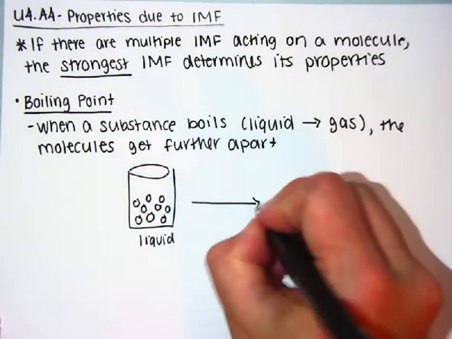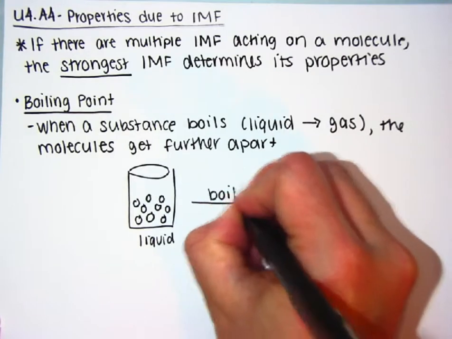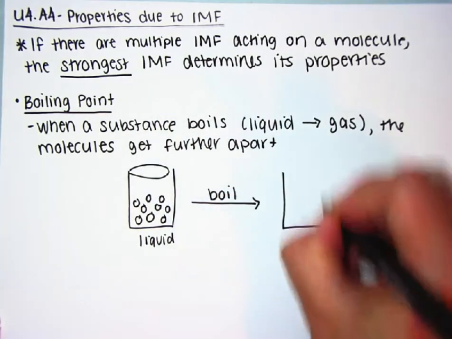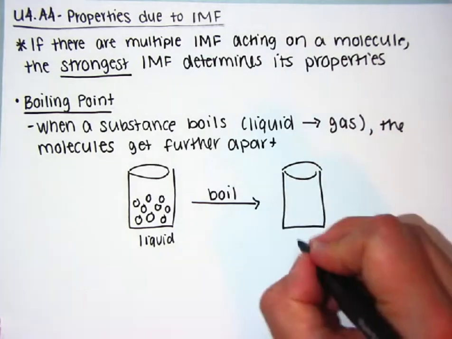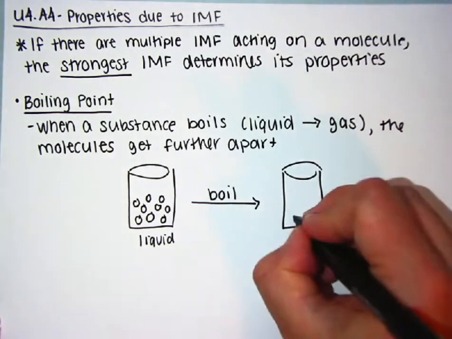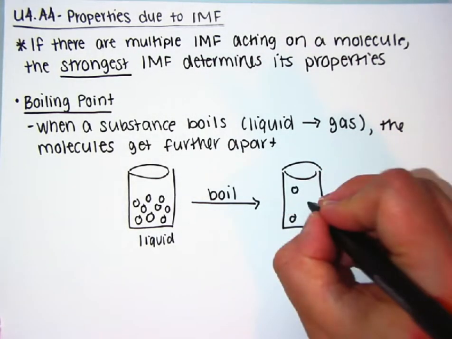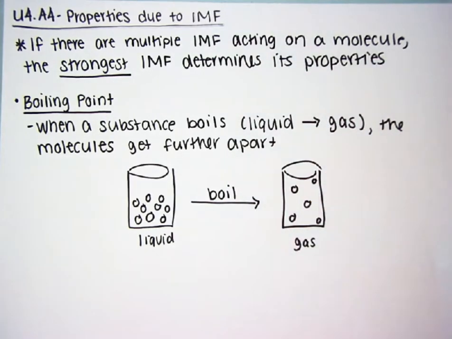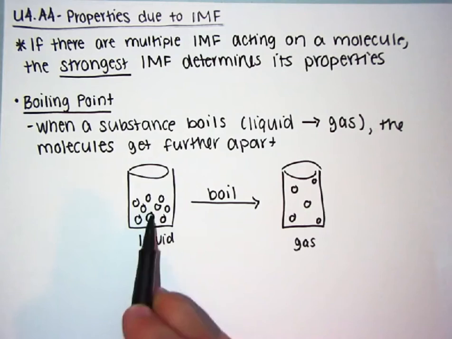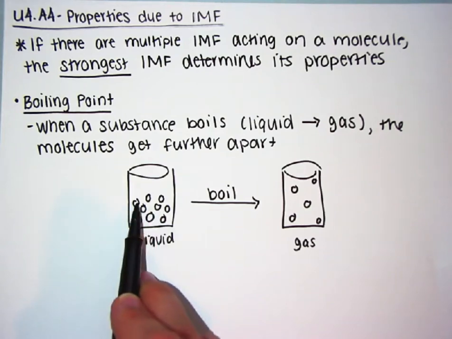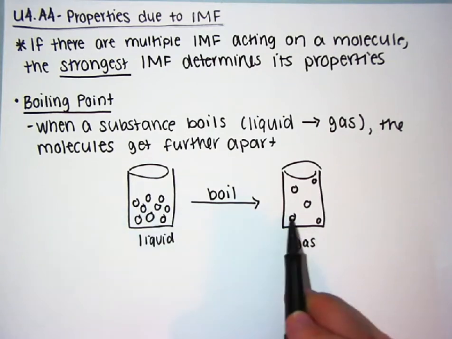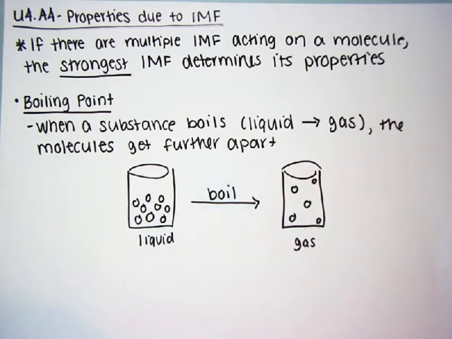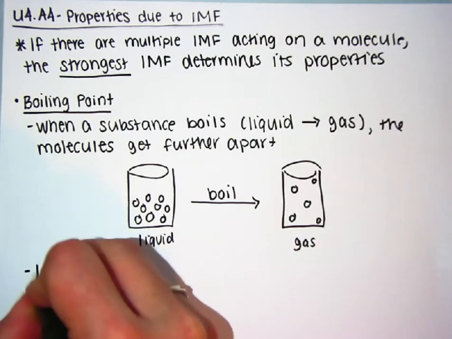If we were to put this on a hot plate and we were to boil it, as a gas, the molecules are much further apart. So remember, there are intermolecular forces holding these molecules together. So if we are separating those molecules, we have to break those intermolecular forces. So that leads us to our first trend.